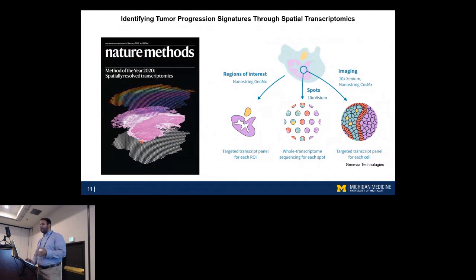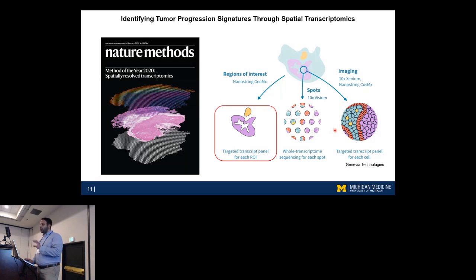And there are different methods to profile the sample using spatial transcriptomics. One of them is having an ROI, sort of like a bulk RNA-seq for a specific region of interest. There's also Visium, which is spot-level based, and also the single cell or near single cell resolution for spatial transcriptomics.